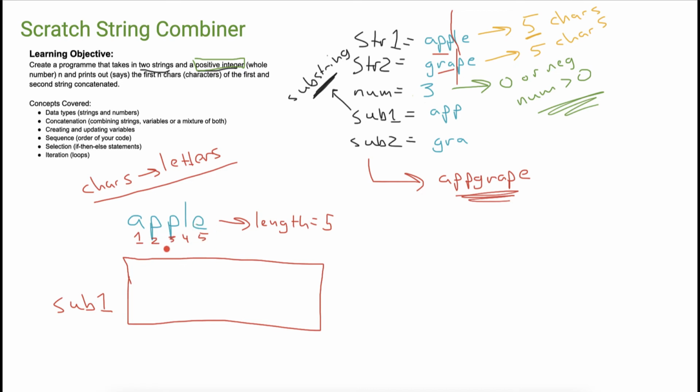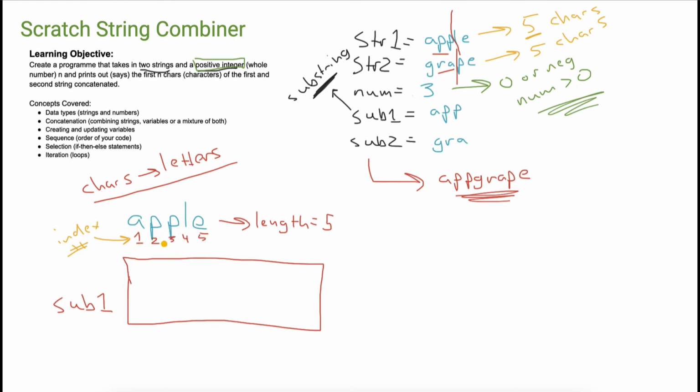Again, a little different from other programming languages, but for now we'll just stick with this. So also these numbers right here, we call them indexes, or an index number. So our word or our string is called apple. It has 5 chars or 5 letters, and these are the positions of the letters.